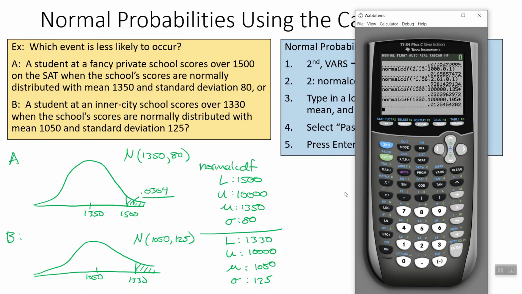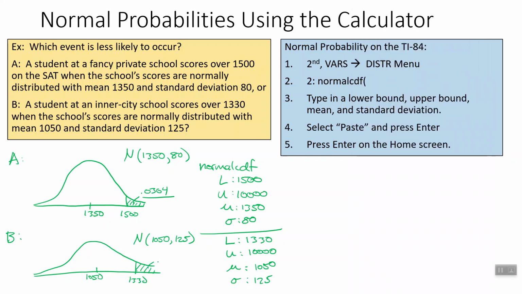We get 0.0125. So this has about a 1% chance of happening, and that has about a 3% chance of happening. So the one that's least likely to occur is option B. Comparatively for their school, people scoring over a 1,330 are doing better than people scoring over a 1,500 at this other school.